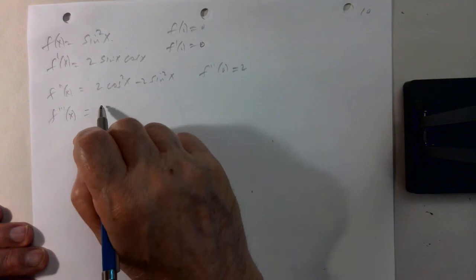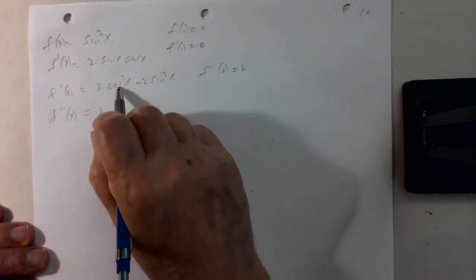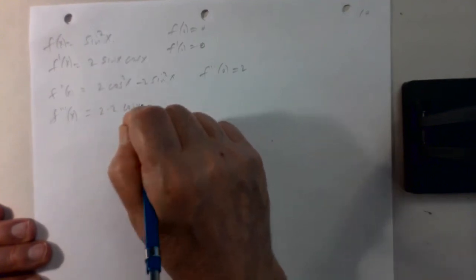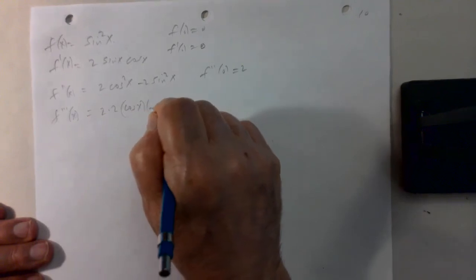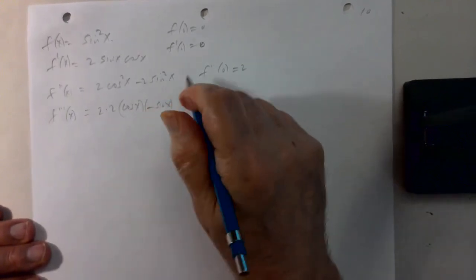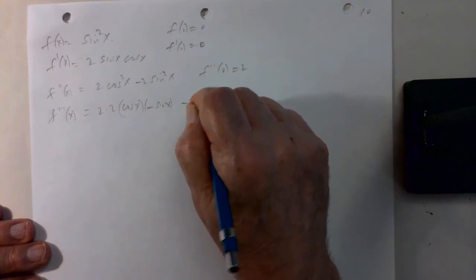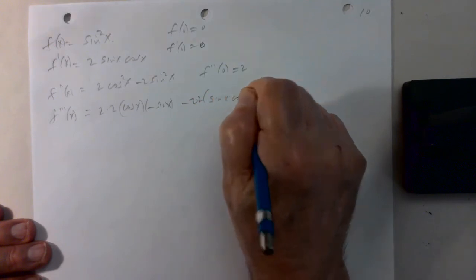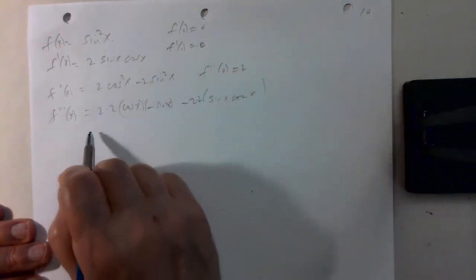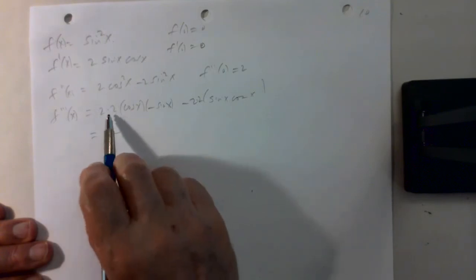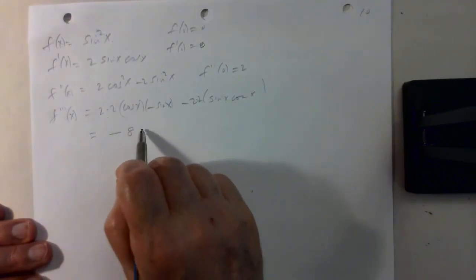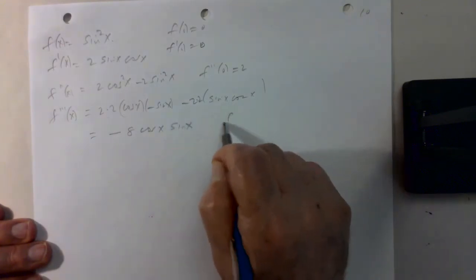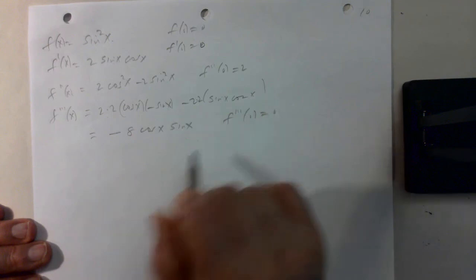I get 2 times the derivative of cosine squared, that's 2 cosine x times minus sine x, minus 2 times the derivative of sine squared, which is 2 sine x cosine x. So I have minus 8 cosine x sine x, and the third derivative at 0 is 0.